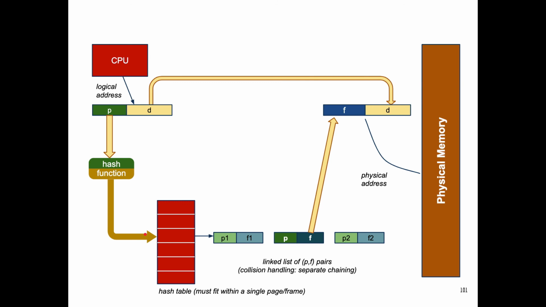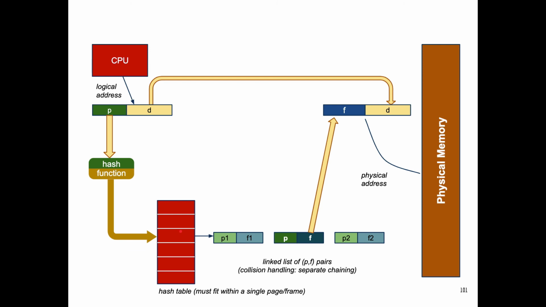But as you remember from your data structure course, hash tables may encounter data collision, where two different contents yield the same index. There are several techniques for collision handling. The one shown here is separate chaining, where collided keys are maintained in one linked list originating from the same entry in the hash table.